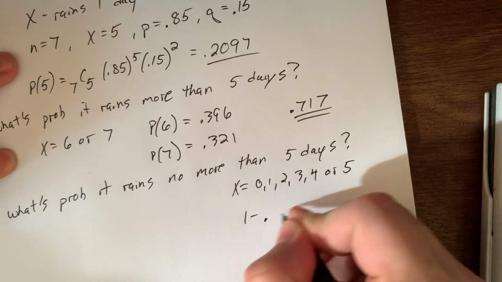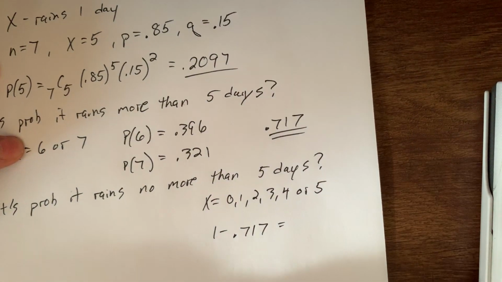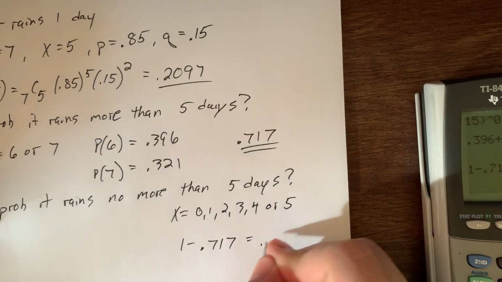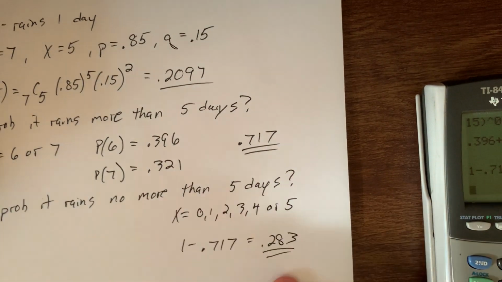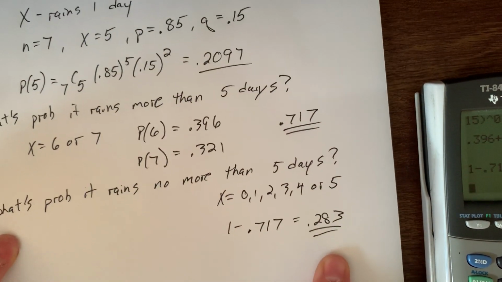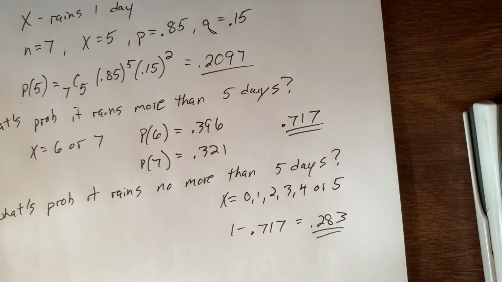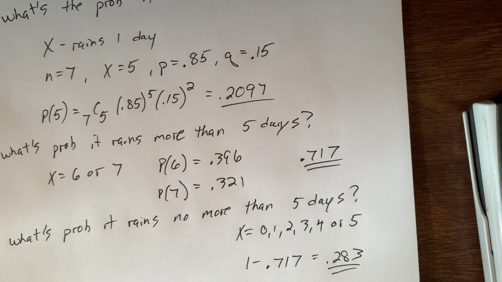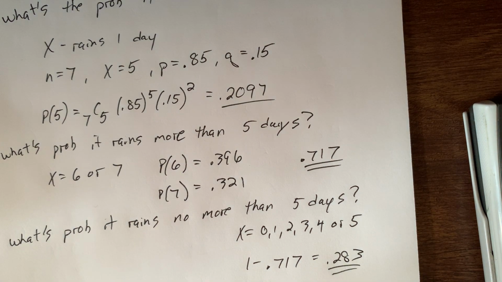So 1 minus the 0.717, and there is the answer. So again, I really tried to reinforce the big picture complement, but I also tried to give you some good practice getting the language: the less than, greater than, at least.